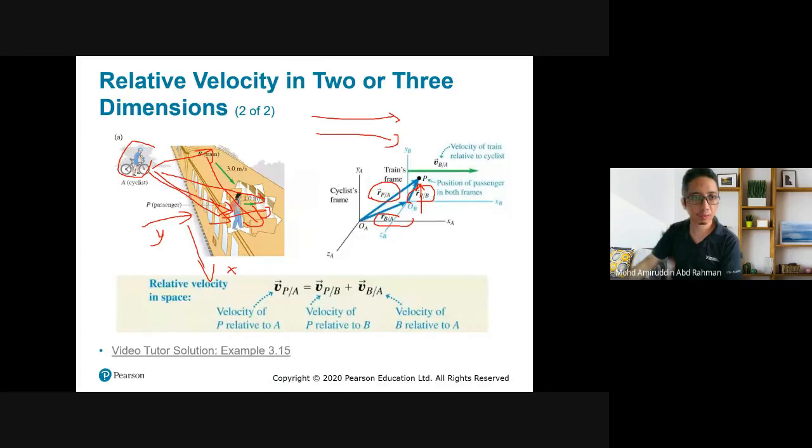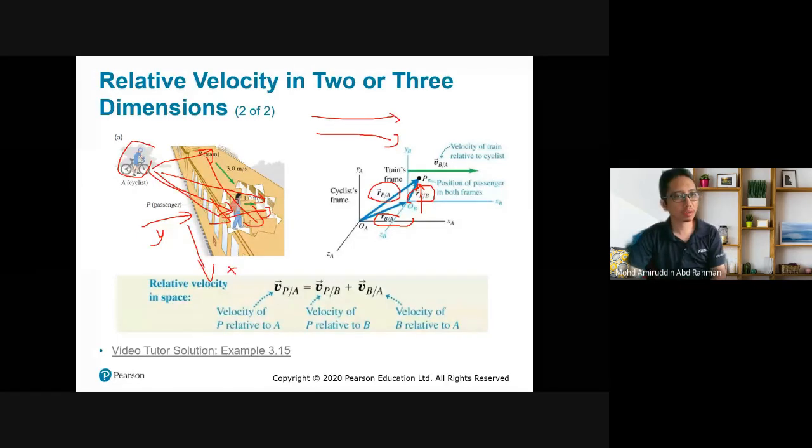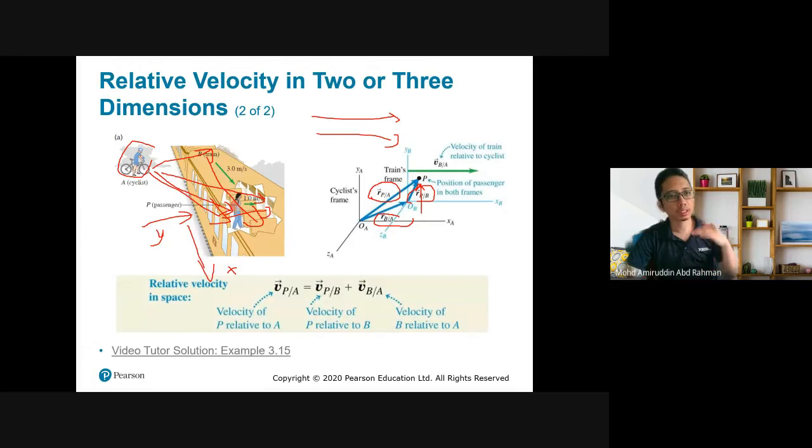If we are considering 3 dimensions, let's say the train is moving at the second level, and the cyclist at the ground level inside the building. Then we will have the 3 dimensions of the relative velocity, because the cyclist is not on the same level as the train anymore. Okay, now we have the 3D.